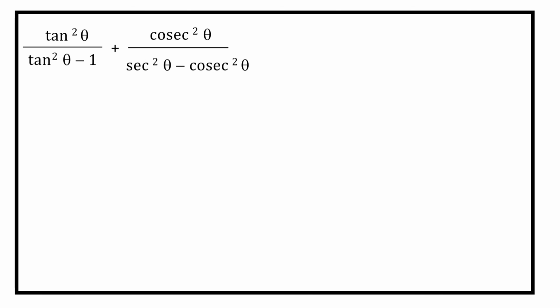Now let us convert all the trigonometric ratios into sin and cos ratios. Tan theta can be written as sin theta by cos theta.